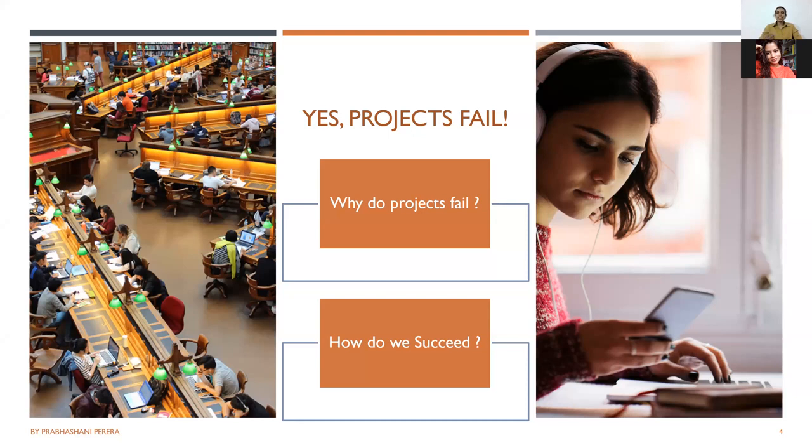So this is where project management comes in, to talk about how we can succeed in these projects. What do we really need to look at to figure out how we can meet the objectives of this project so we can complete it successfully?